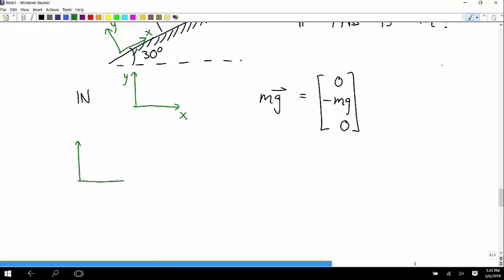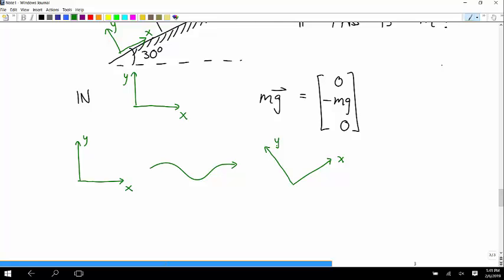We'll start out with this as the original coordinate system. What kind of rotation does it take to go from this original one to this rotated one? What axis are we rotating around? What's the angle?